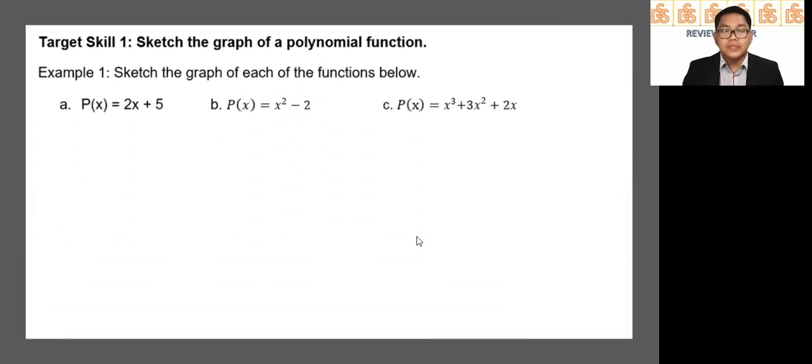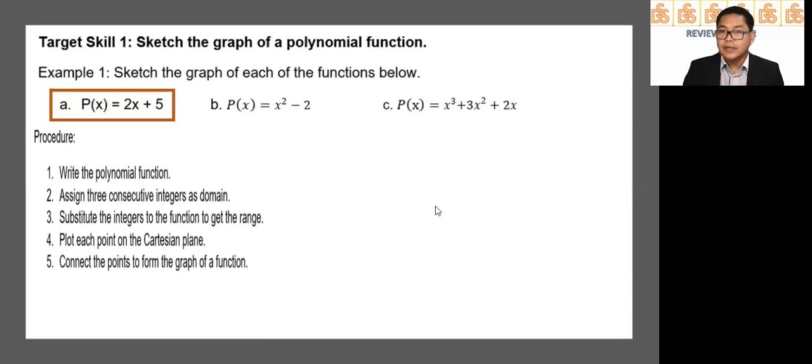Okay, so let's now proceed with our main goal for today, which is to sketch the graph of a polynomial function. And we have here three examples. Letter A is a linear function, letter B is a quadratic function, and letter C is a cubic function. So we will focus first on the linear function. To be able to sketch this graph, we may use this procedure.